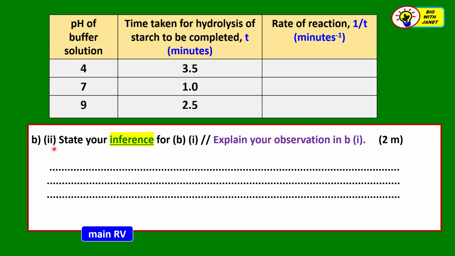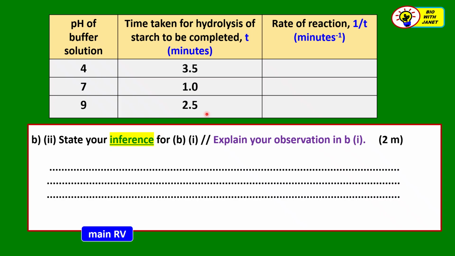Now question B2. State your inference for B1, which is about the buffer solution at pH 9. Sometimes it's stated as explain your observation in B1. So inference is actually the explanation for the observation. So let's look at this question and what are the components of your inference.